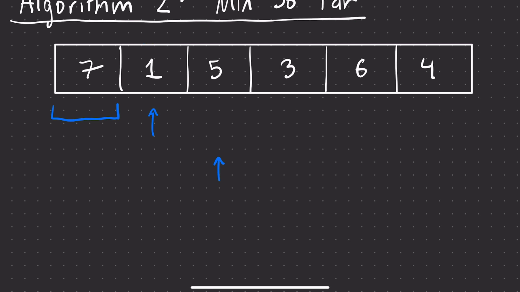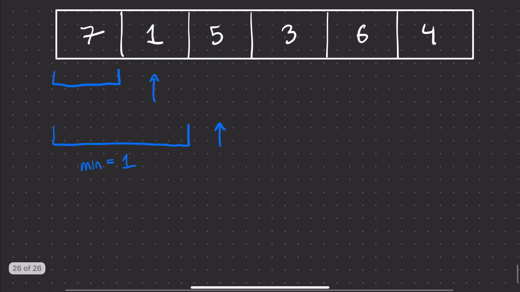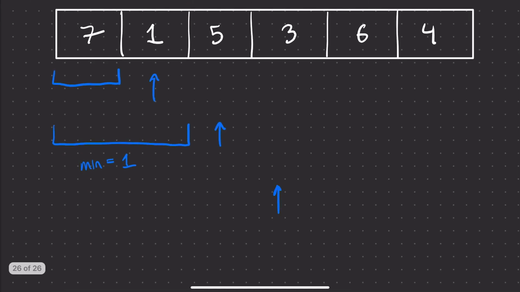So now the minimum we've seen so far in this range is actually 1. And then when we go to our next value, which is the 3, we can do another update for our previous range. Here the minimum is actually still equal to 1, right?